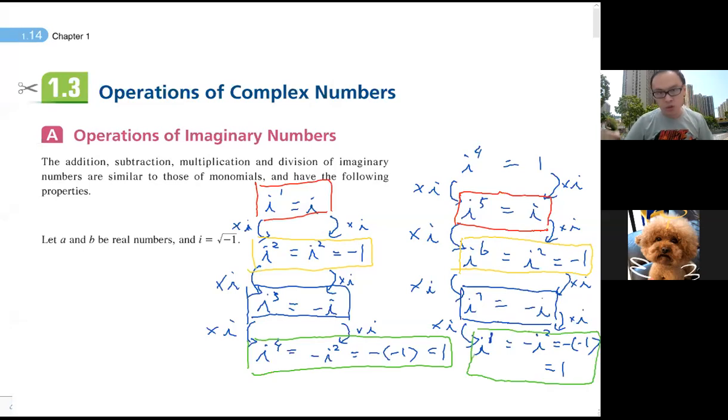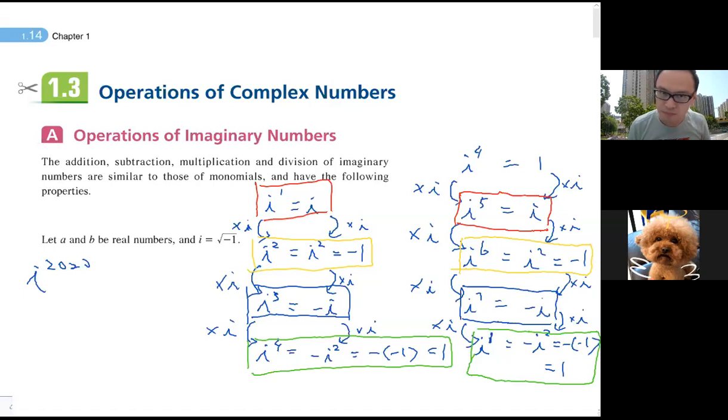Okay? So normally, in the multiple choice questions, the question will ask you to find, for example, i to the power 2020. So if I ask you to calculate i to the power 2020, then you just count which step in the pattern it stops. If it is a multiple of 4, then you will get the value to be exactly equal to 1.